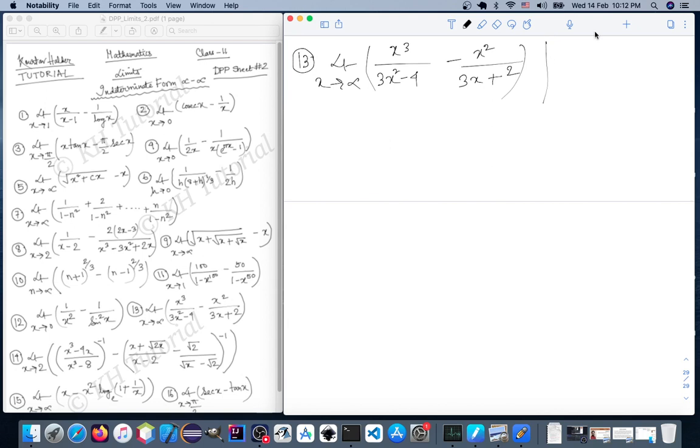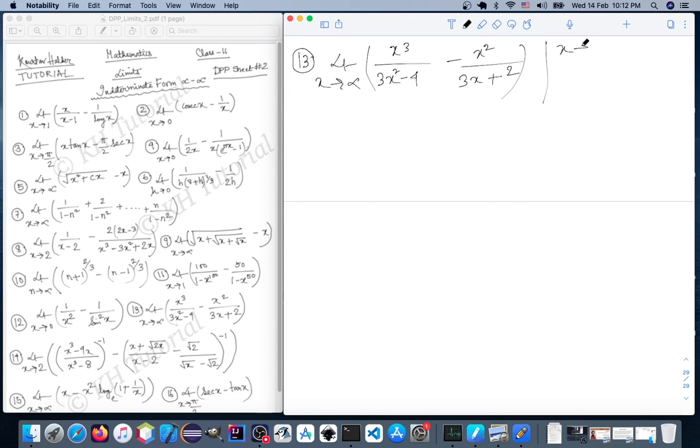So x tending to infinity. Definitely it is of the form infinity by infinity, because in both the terms we have higher powers of x in the numerator.